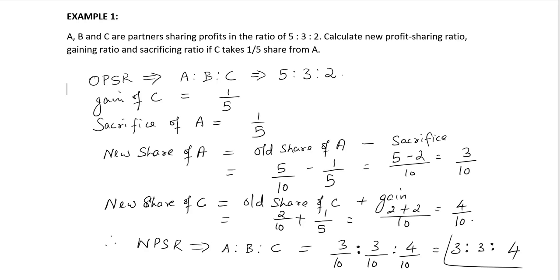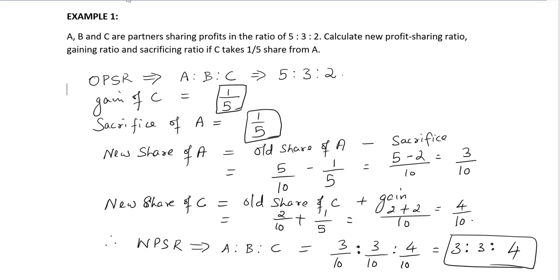So this is the NPSR. We can't get a gaining ratio because there's only one person gaining and that is C. And sacrifice, again you can't get a ratio, there's only one person sacrificing and that is A.